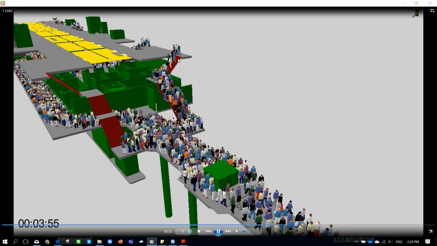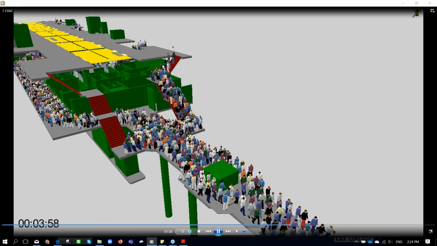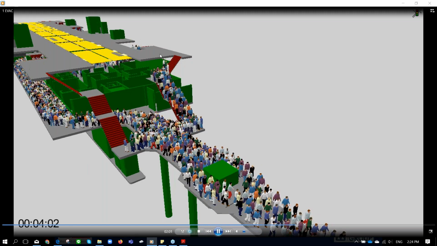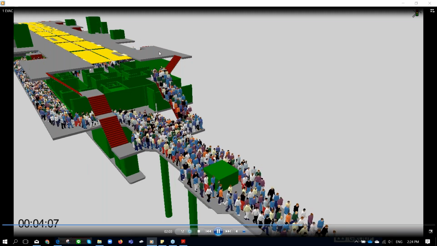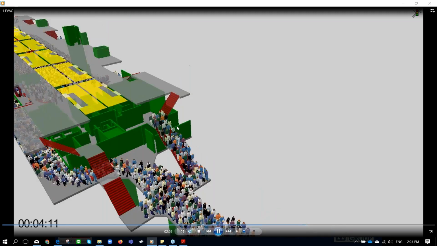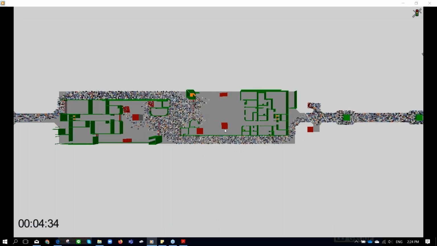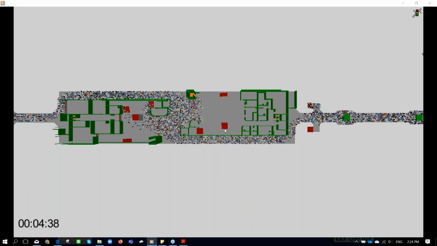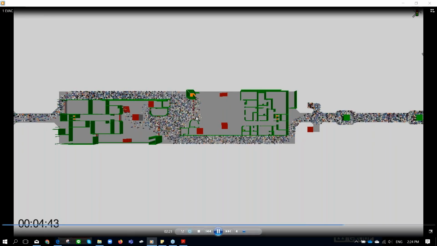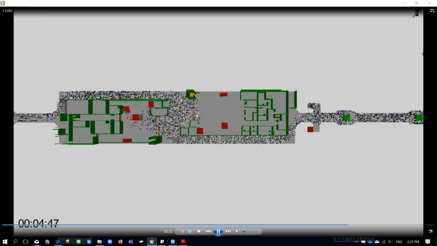So that's why the designer added 2 extra, so passengers could leave within 4 minutes. And yes, that's why this one is a successful case. Passengers could leave the platform within 4 minutes and reach the target within 6 minutes.